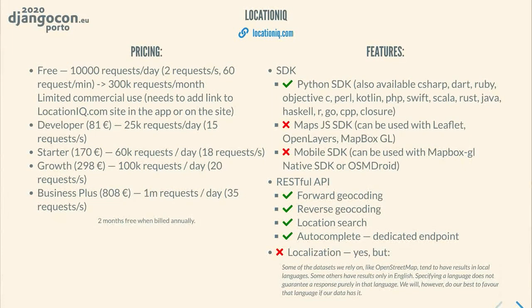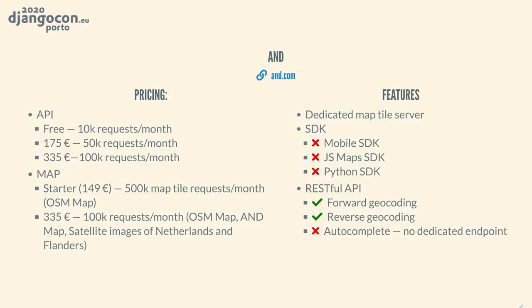It has localization, but since it depends on external data providers like OpenStreetMap, if the data provider translated particular geodata into the local language, it will be translated on LocationIQ as well, but they don't guarantee that all results will be translated.